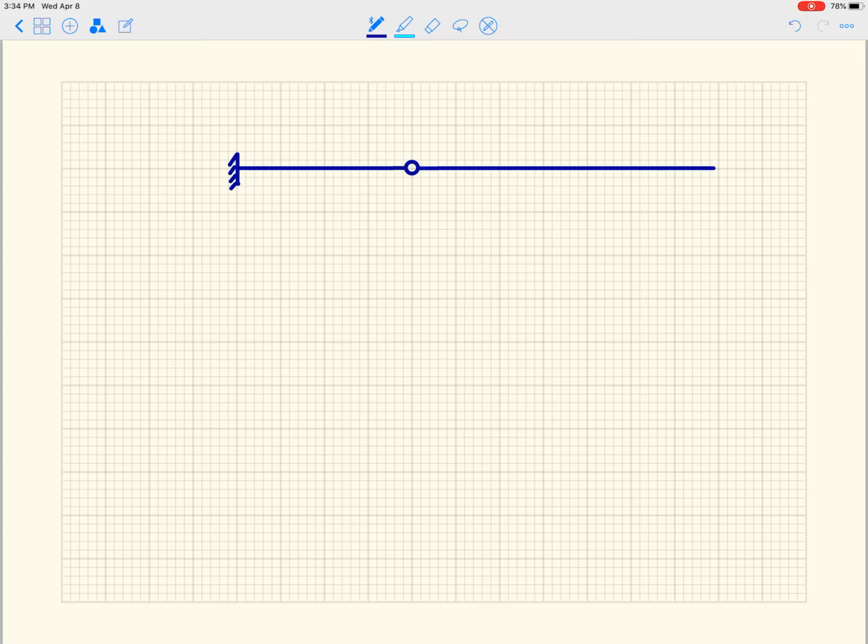That is a fixed support. 1, 2, 3, 4. This is a roller. 1, 2, 3, 4. It looks like that. And I have a point load that's down here. So that's P. And then I also have a distributed load here.